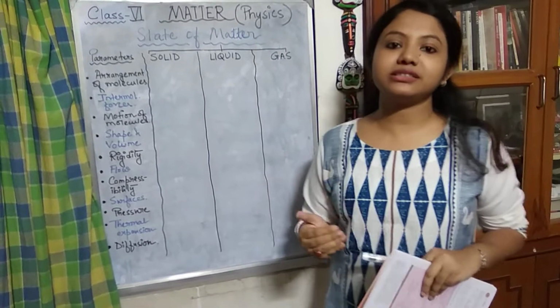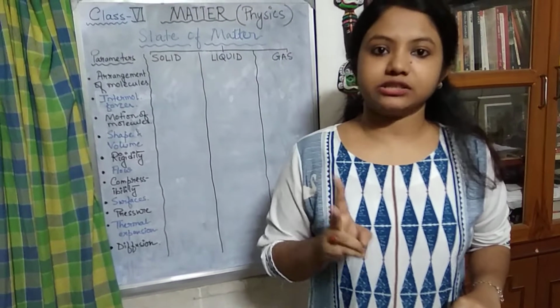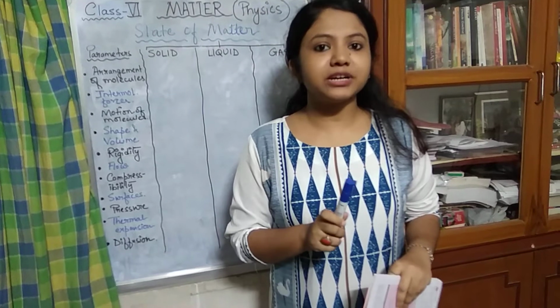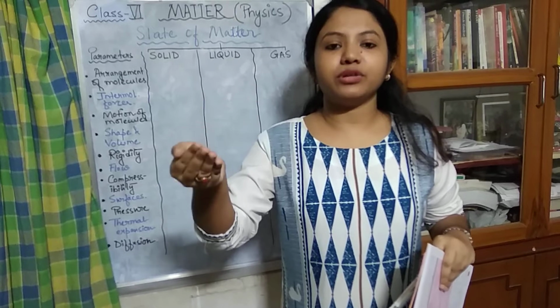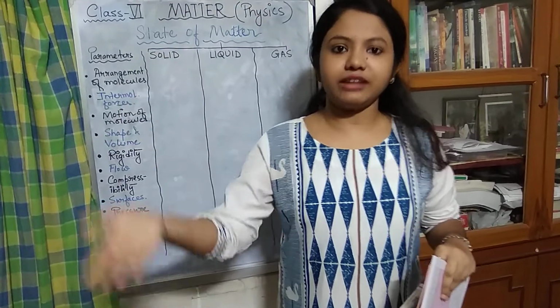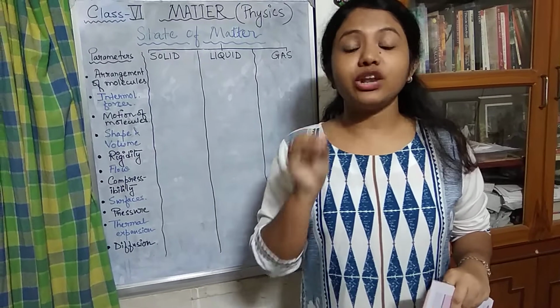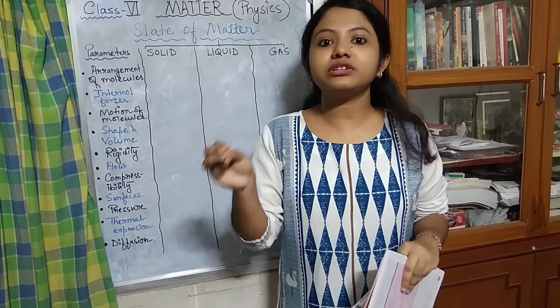Now how is matter made up? It is made up of fundamentally two particles. The first one is the atom. The atom is the tiniest particle, and it is incapable of existing freely in nature. But the interesting thing is that the atom contains all the properties of a matter, though it is unable to exist freely.